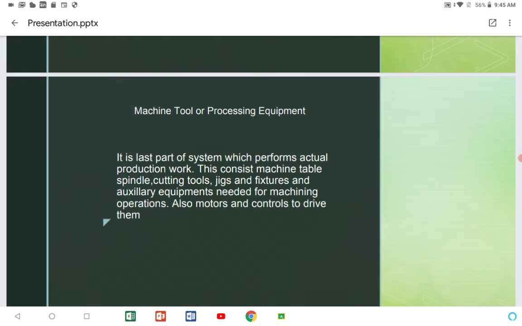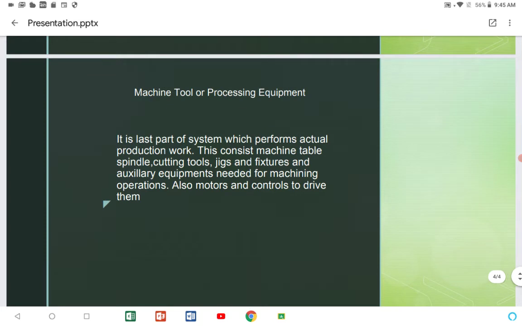Finally, all these converted signals are passed on to the processing equipment or machine tool, where the action or result of the machine takes place. So it contains some motors, controls, driving details, etc., so that it can have linear or rotary movement, etc. That is the first part of the NC machine.